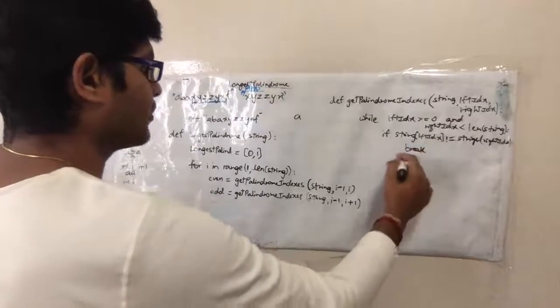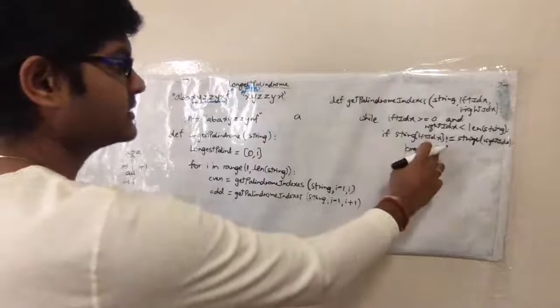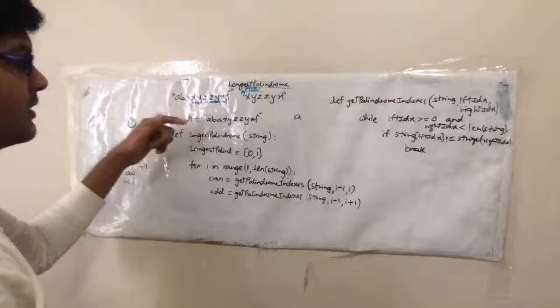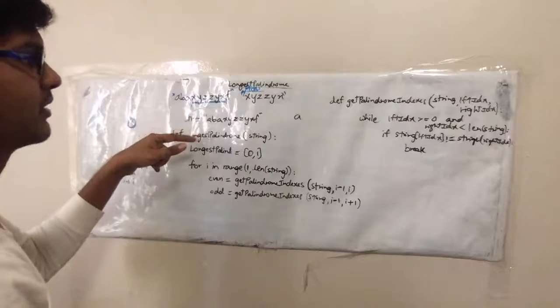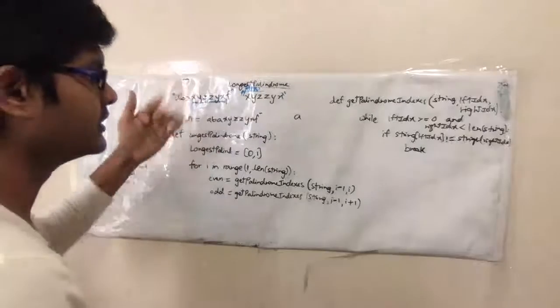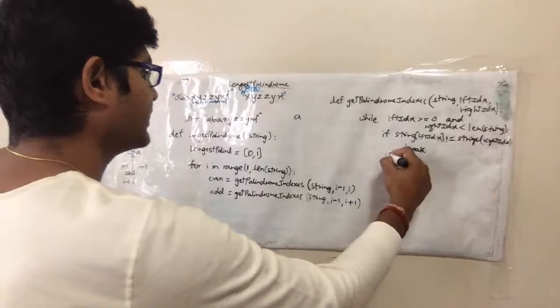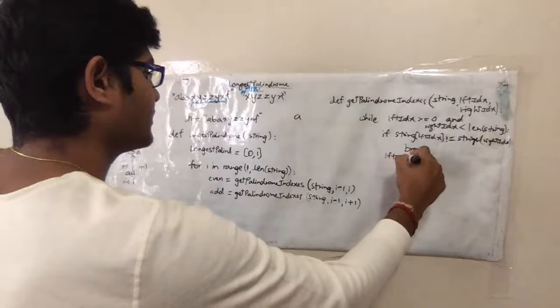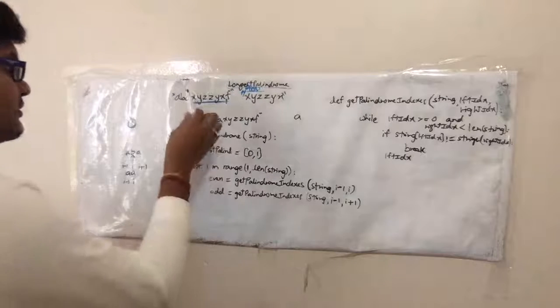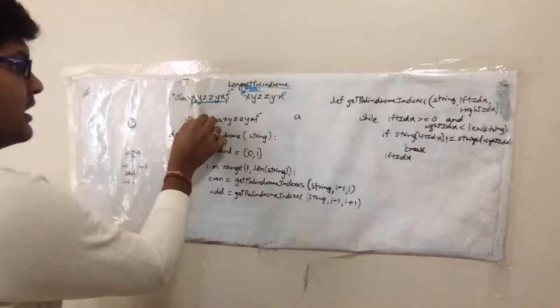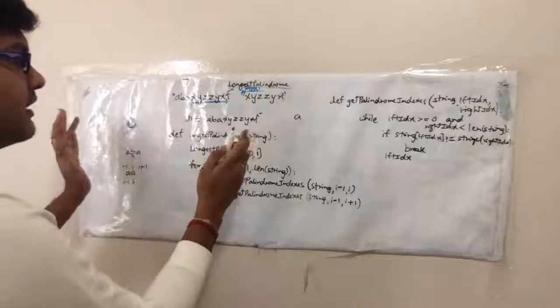Okay, if this condition is not satisfied, and the characters on the left index and right index are equal, in that case you need to go further checking, that is updating the indexes. As we talked, we take the pointer in the center and expand on the left and right.